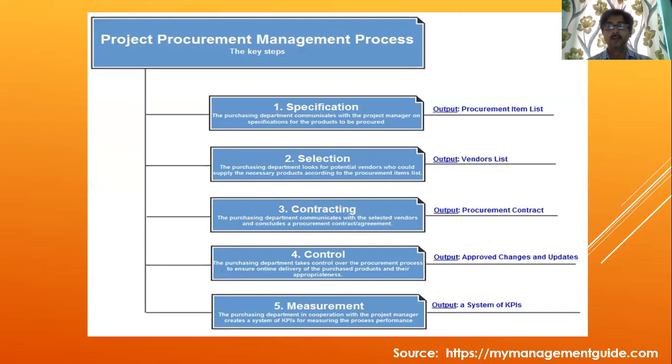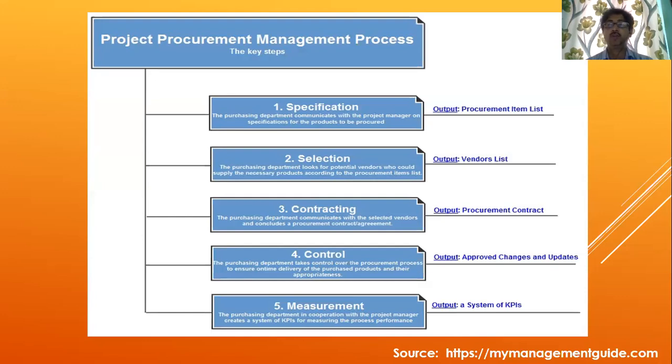The team in charge of the project, mainly the responsibility of the project manager or the team as a whole, has to prepare the item list. What are the things they need for their project? That item list must be prepared by them, and communicated to the procurement or purchase department of the organization.